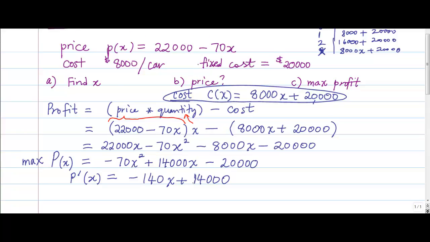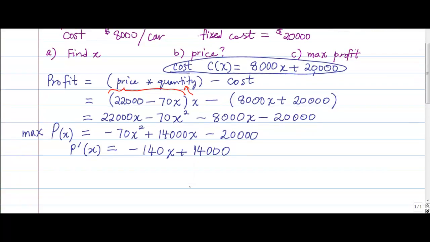That's the derivative, and we want to set this equal to 0. Okay. So when we set this equal to 0, subtract 14,000, divide by negative 140, and we get x equals 100. Okay. This is my critical number. And this is part A, what we've solved for, find x.